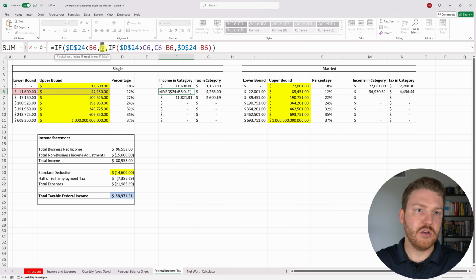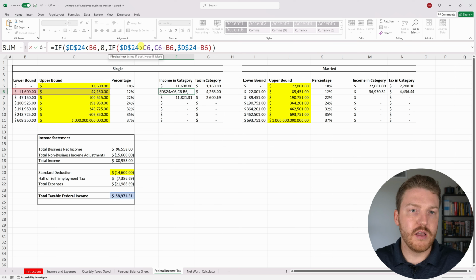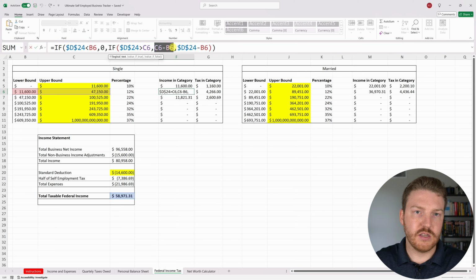So that would be 0 if that condition is true. However, if this is greater than C6, so if this value is higher than that value, then this entire bucket's going to be filled. So we can just take the total sum of this range.